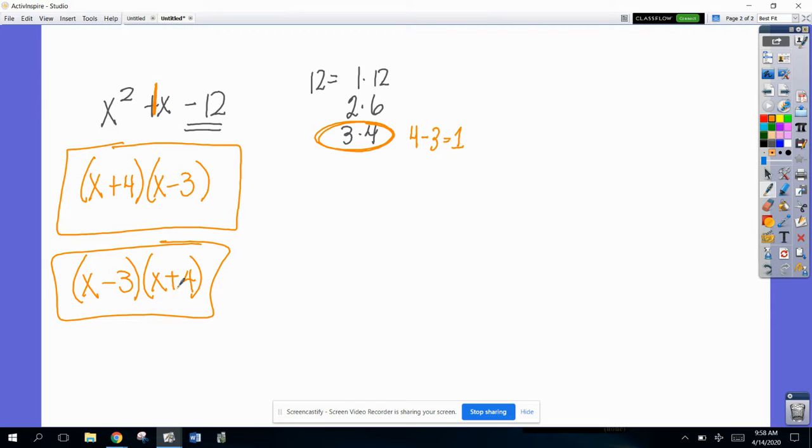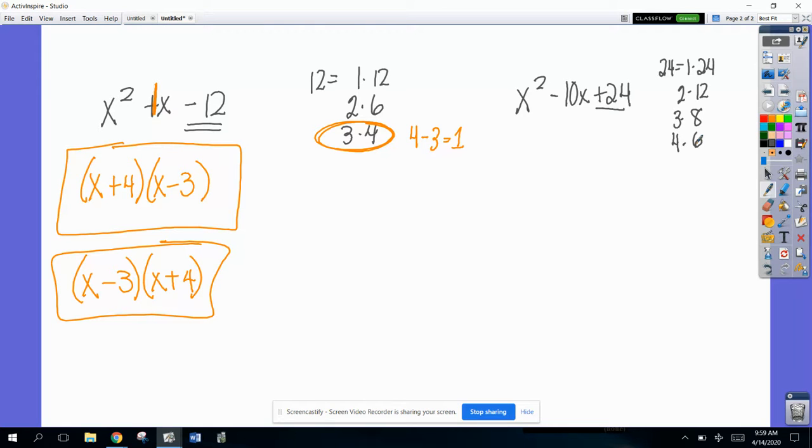Okay, one more example is x squared minus 10x plus 24. And this gets a little bit tricky, just so you know. So 24, I look at 24, and my options are 1 and 24, 2 and 12, 3 and 8, and 4 and 6, right?